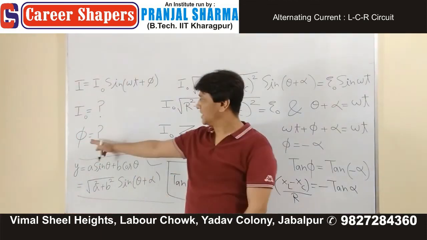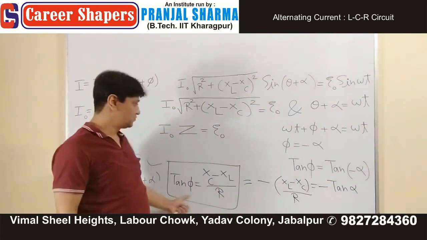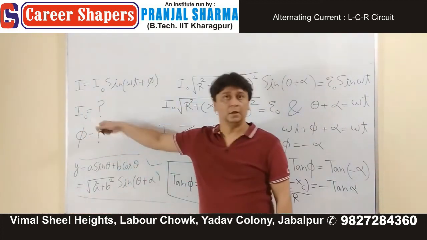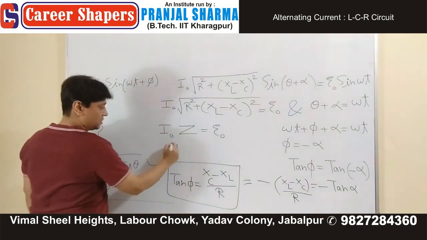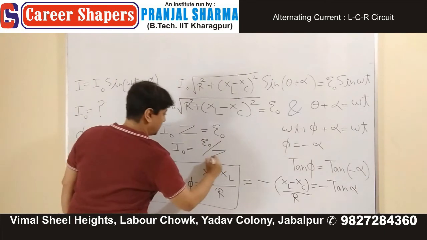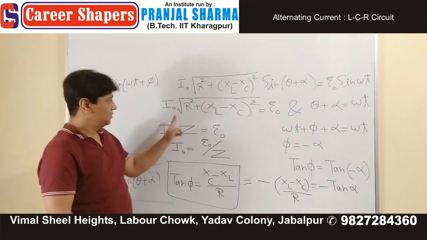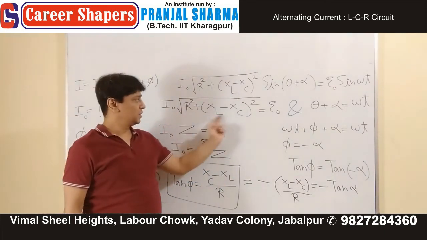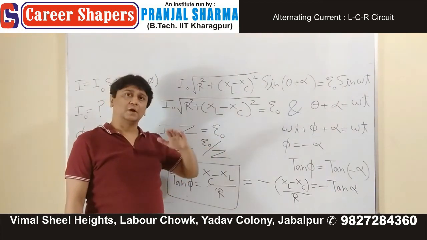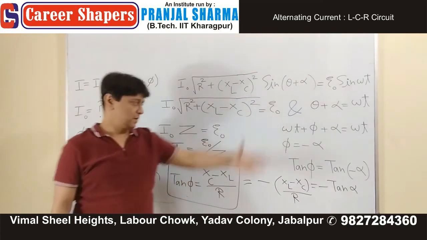We are interested in finding phi. We have found its value. We are interested in finding I naught. We have found the value of I naught as E naught divided by Z. What is Z? This whole part. Everything is known. So we have found everything for the LCR circuit.